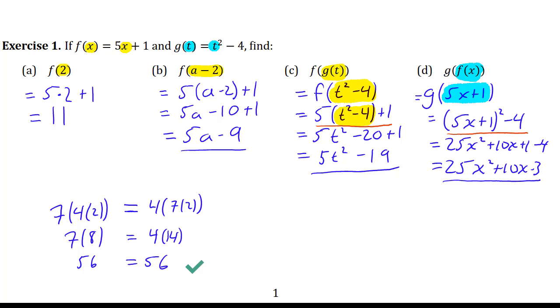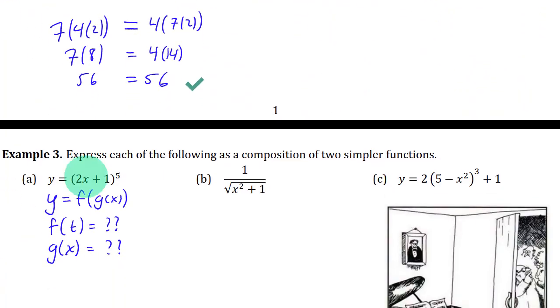The outer function, the f, is the times 5 plus 1. So here, if you plug in a number for x, like x equals 3, what gets done to x first? Do you do x to the power 5 first, or do you multiply it by 2 first? Well, you multiply it by 2, right? So that should be the inner function. And that's going to be the g of x part here.